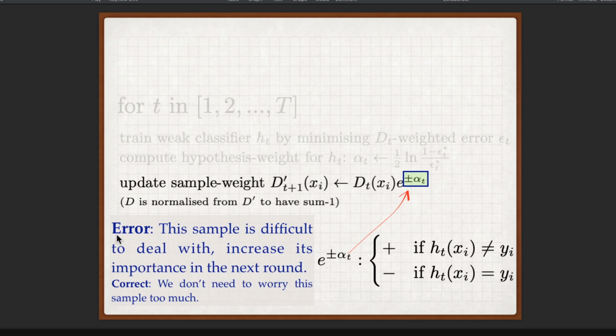Whenever we meet errors at a training sample, note the size of the font I've used, we make its weight go larger so that in the next step it gets more emphasized. If we make a correct prediction at a sample, we will reduce its weight. We do not care too much about this sample anymore because we have already been able to predict it correctly.